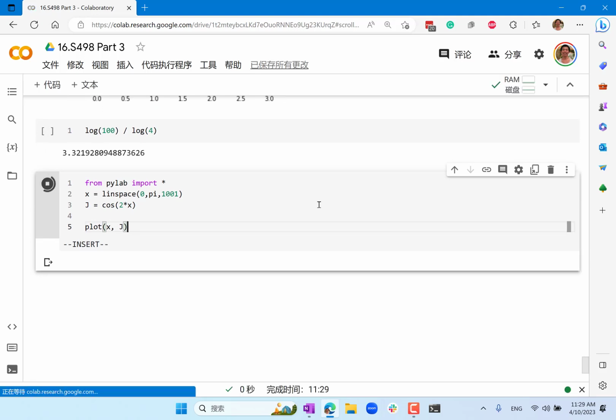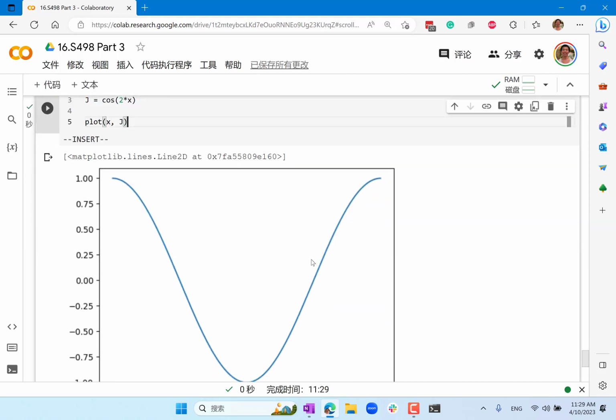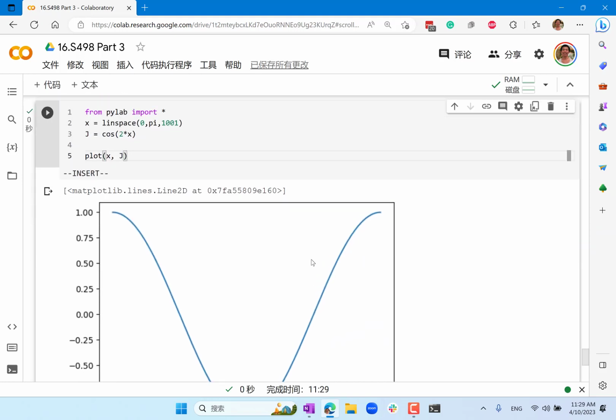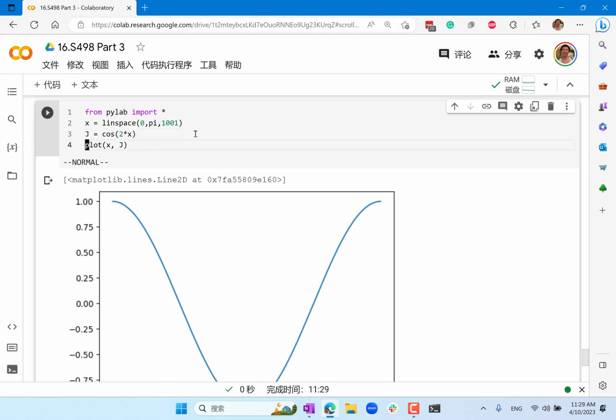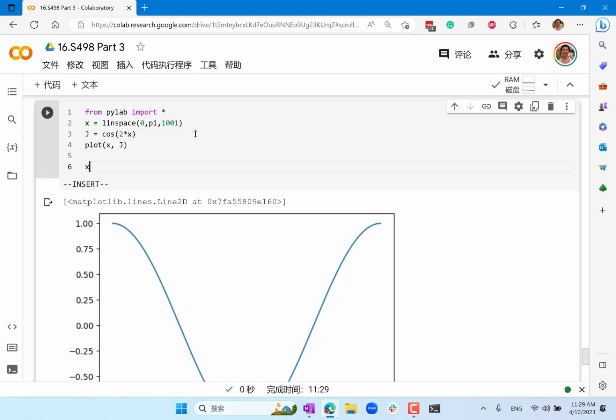Now what we want to figure out is, so that's the J. Now let's figure out what is J compound with phi, and assuming phi is the sawtooth map. Okay, so for that, what we want to compute is x1 equal to 2 times x modulus pi.